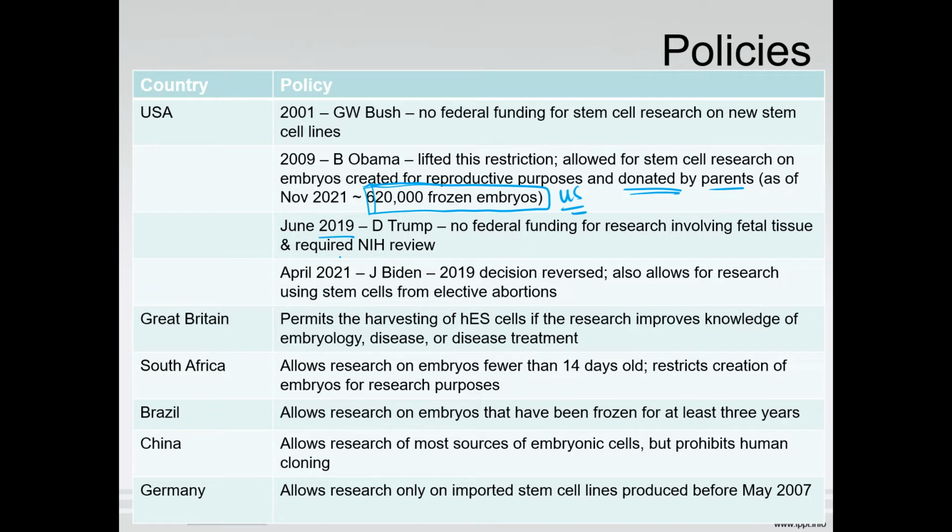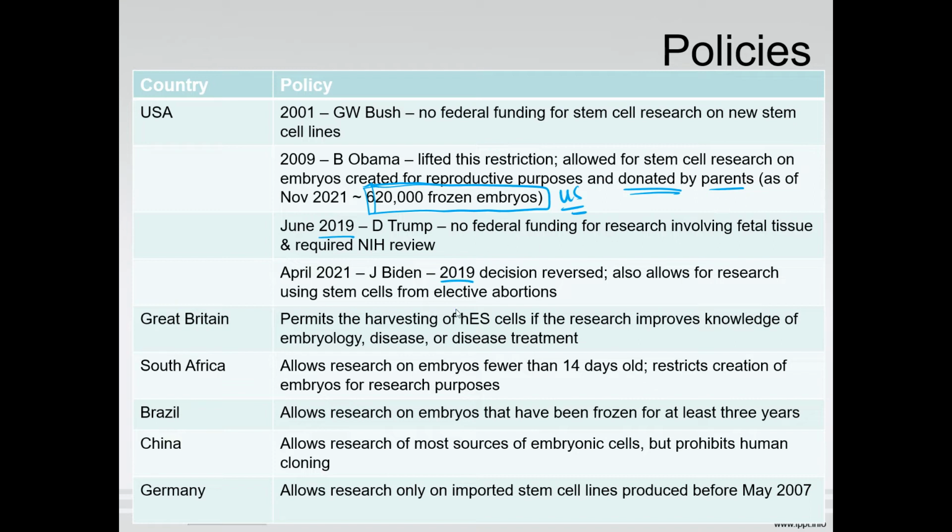There was no longer any federal funding allowed for research involving fetal tissue. And also anything involving stem cells required this National Institutes of Health review that was time consuming and very expensive. So basically, stem cell research got shut down then. That's changed recently. That 2019 decision was reversed.